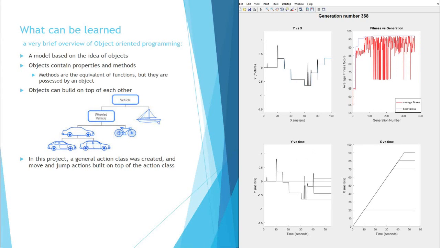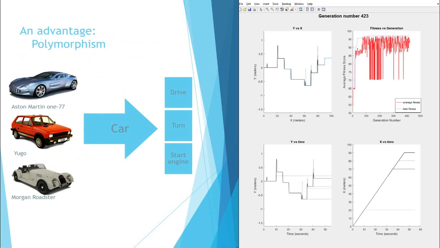For example, all vehicles are going to move, right? But a sailboat could move through water, whereas a bike would move on land, and a car would have all four wheels, and then you could have different speeds for different types of cars and so on. So what is the real advantage of this? One is polymorphism, the idea that you can refer to a subclass by its superclass.